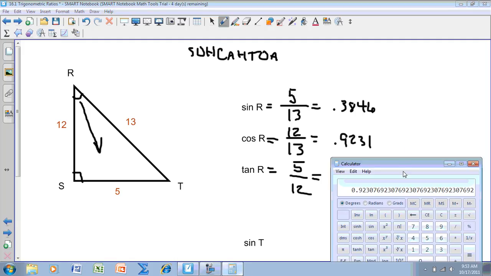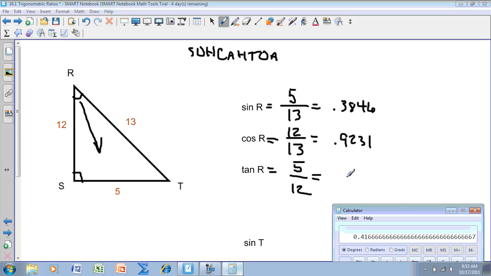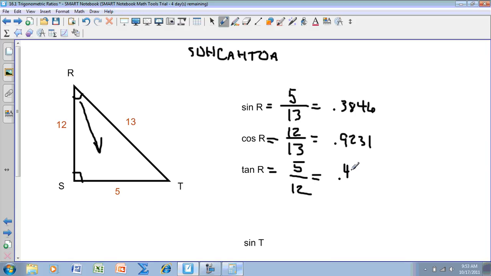If we were going to do this, we would go 5 divided by 12. 0.41666. Doesn't this 6 tell that 6 to become a 7? Yes, it does. 0.4167.